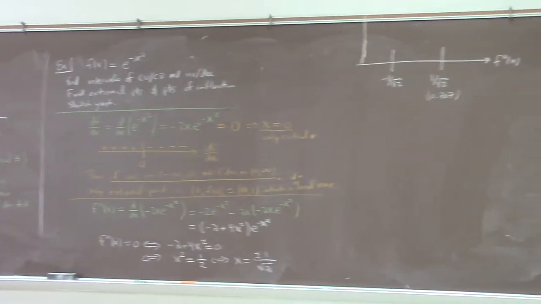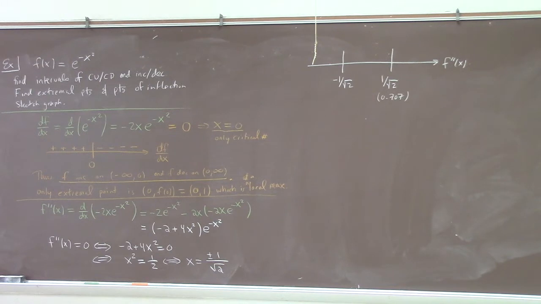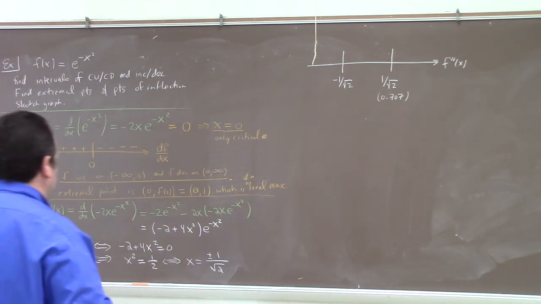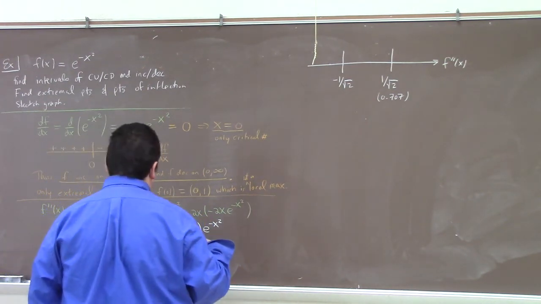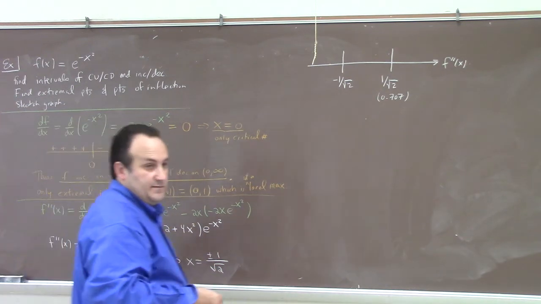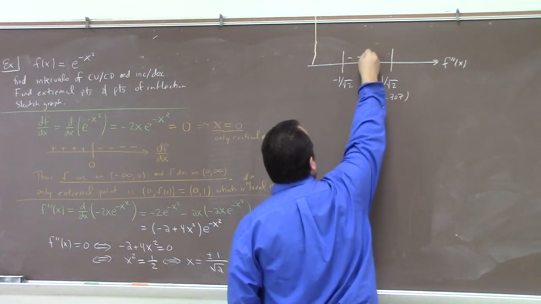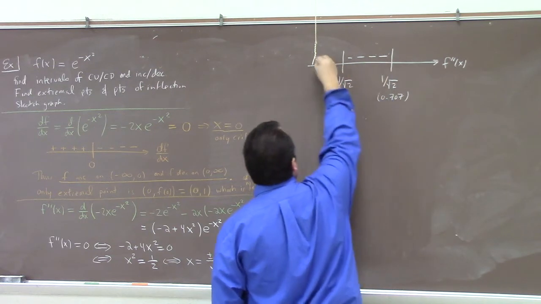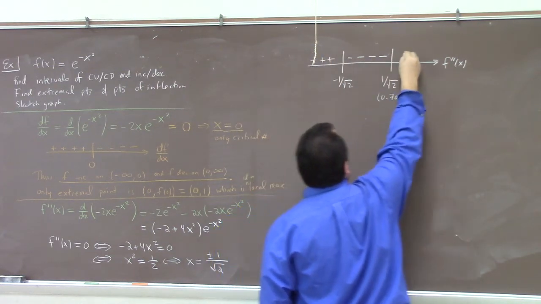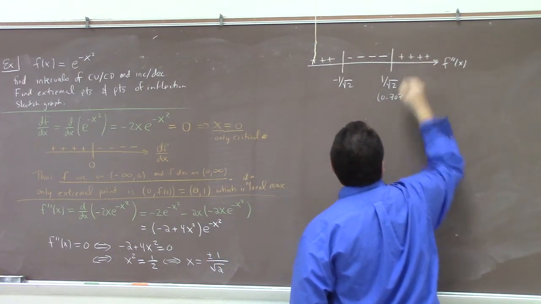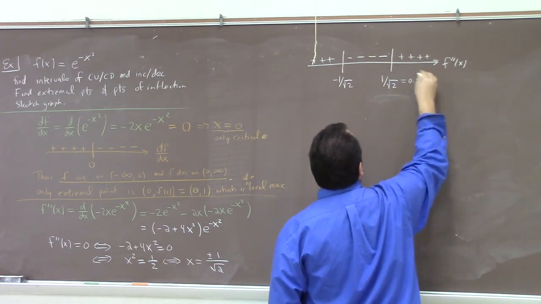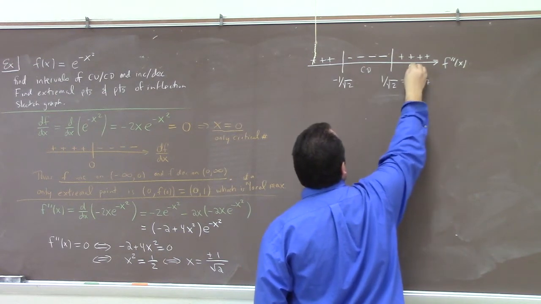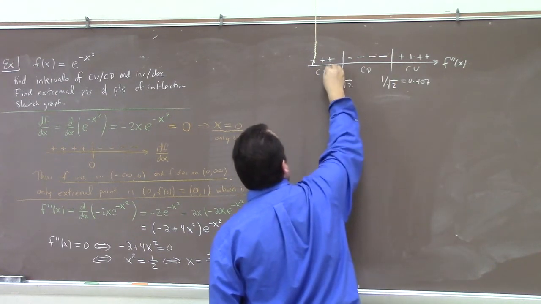So, all right, you look at the formula for the second derivative, and you plug in a number, right? So I'll plug in 0. Plug in 0, I get a negative. So it's negative in here. And if you check points on the other side, you'll get that it's positive over here and over here. So basically it's concave down in here, concave up over there, and concave up over here.